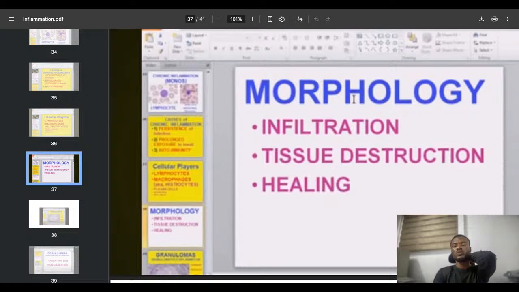So we will transition. The neutrophils will release chemicals that will recruit monocytes, lymphocytes, mast cells, and what have you.